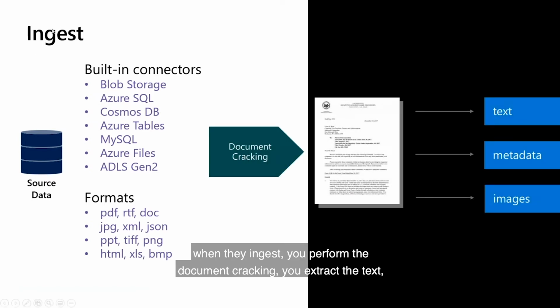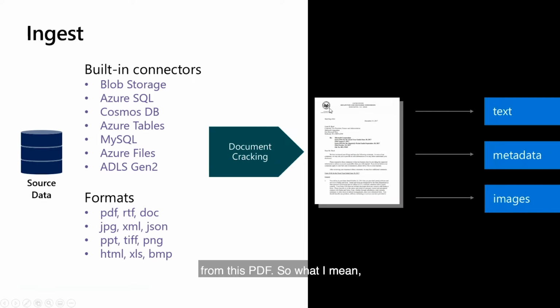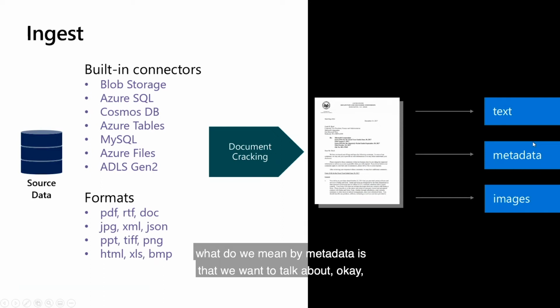And when they ingest, you perform the document cracking: you extract the text, you extract the metadata, you extract the images from this PDF. So what do we mean by metadata?